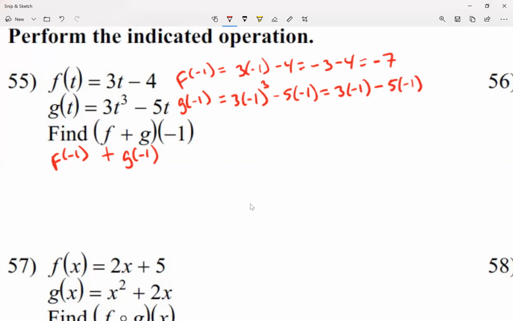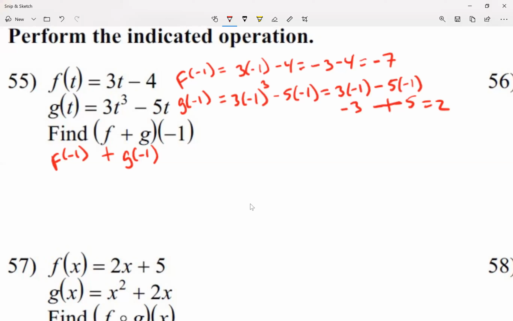All I did was the exponent. Now let me do my multiplications. I have a -3 and there's minus a -5. Notice I did my multiplications. Now minus a negative, that changes to plus. -3 plus 5 is 2.